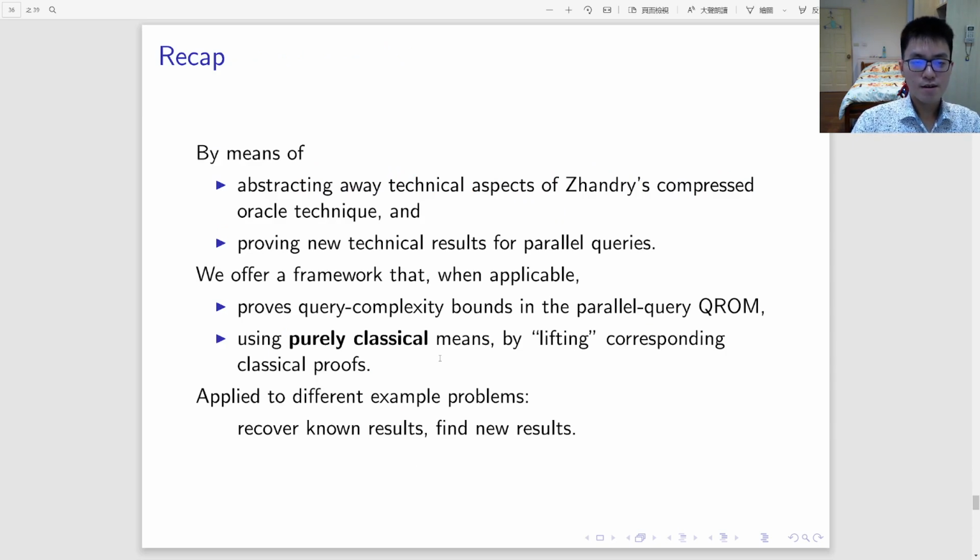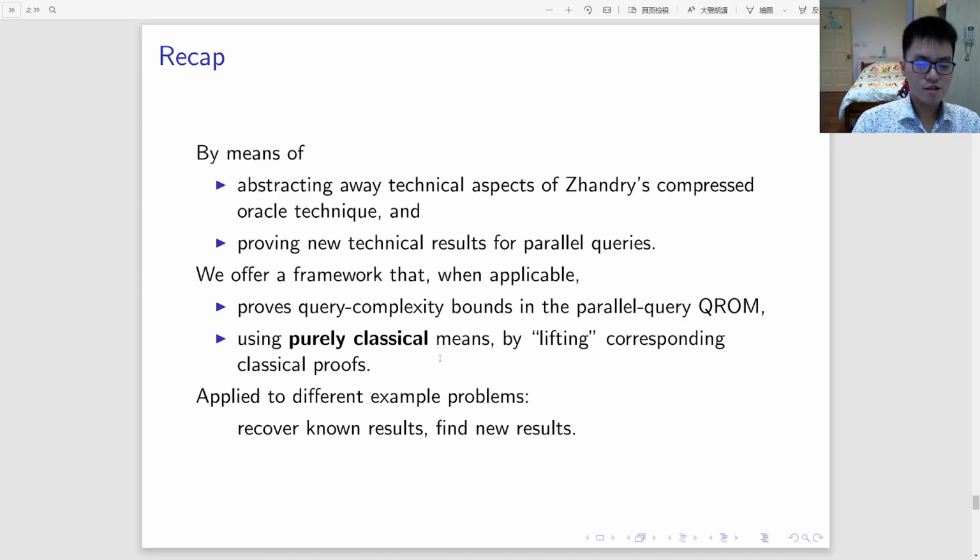Finally, let's give a recap of our contribution. By means of abstracting away technical aspects of Zhandry's compressed oracle technique, and also proving new technical results for parallel queries, we offer a useful framework that helps us prove query complexity bounds in the parallel query QROM model. And this works by using purely classical reasoning, by recycling probability bounds from classical proofs and lifting them into the quantum proof whenever applicable.